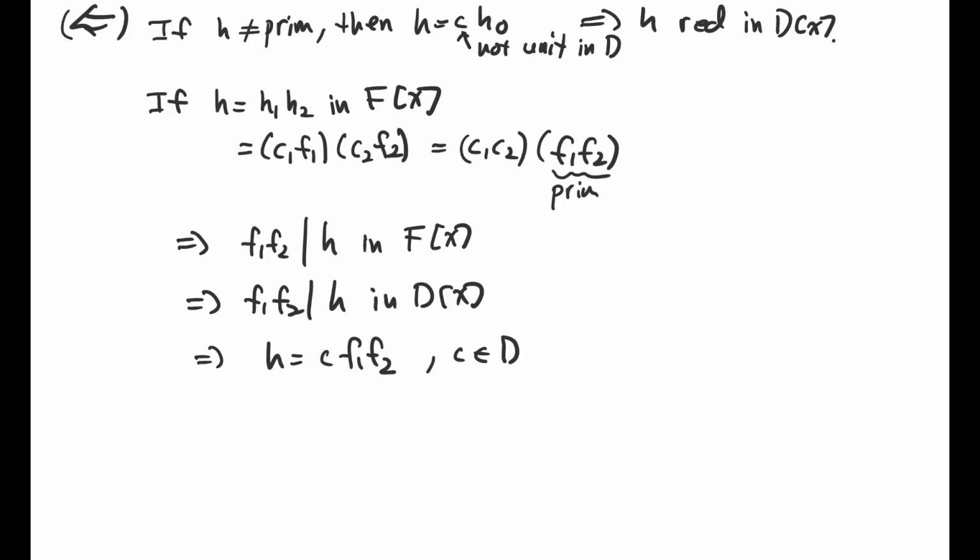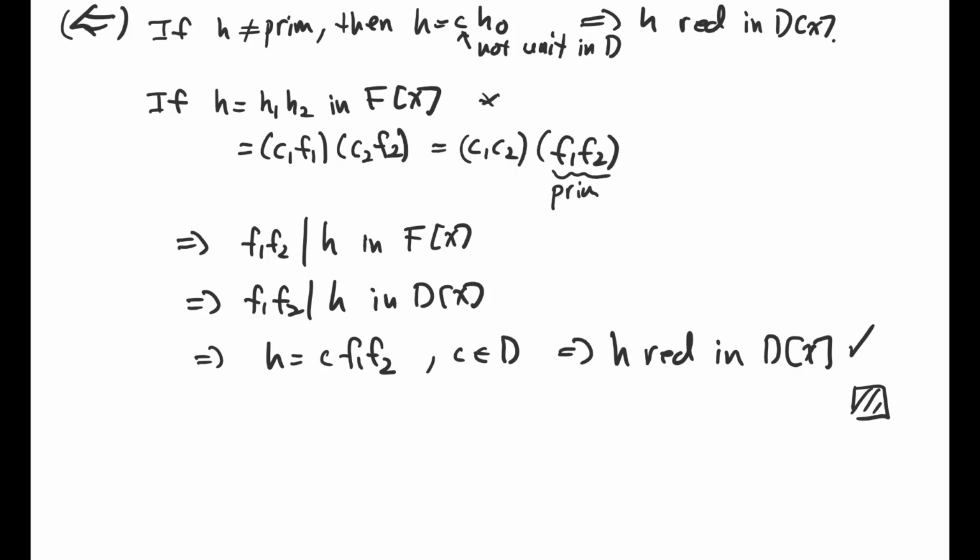And because h was reducible in F[x], this was a proper factorization, meaning the degrees were at least 1. So the degrees are the same down here. So these are degrees at least 1, which means they're definitely not units down here either. And so that means this gives us that h is reducible. All right, so that's the end of that theorem.